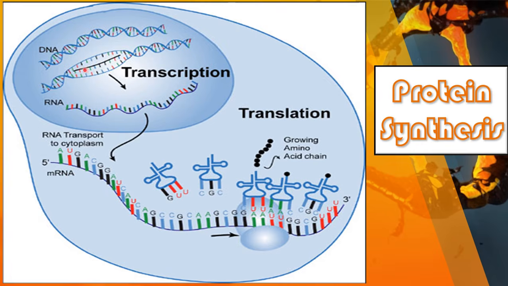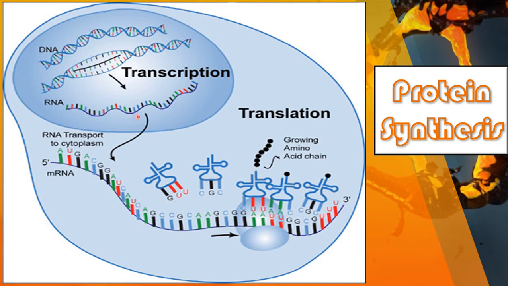It automatically attaches to the unwind DNA. So, kapag kompleto na yung information at nakabuo na ng template, ito na yung tinatawag natin na messenger RNA. Tandaan na ang transcription ay nangyayari sa nucleus.